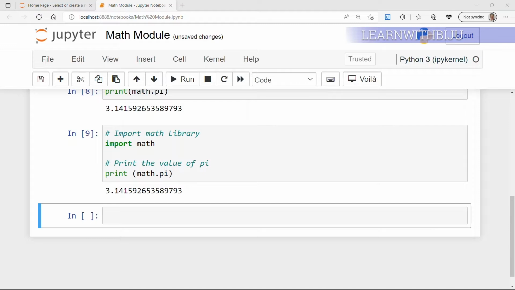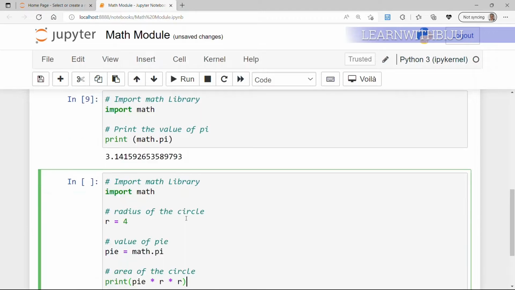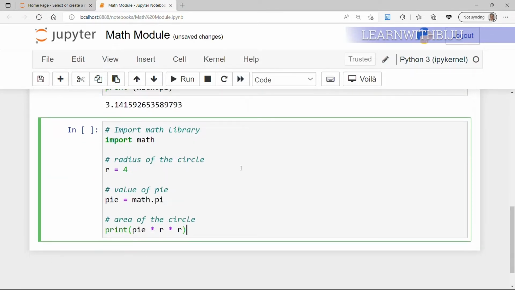So let's print the area calculated using the constant pi. Look at this program. First of all, I am importing the math module. Then I am declaring a variable r, that is the radius, and giving it the value 4. Then we are getting the value of pi. Then the area of the circle is going to be printed. Let's execute this command.